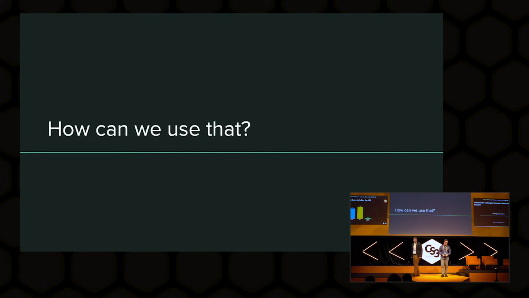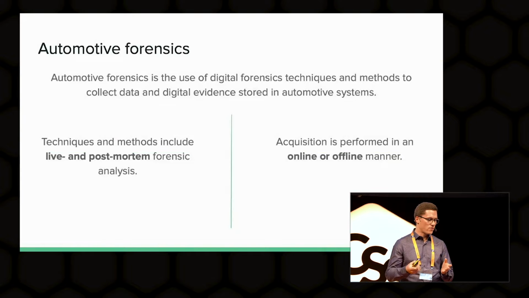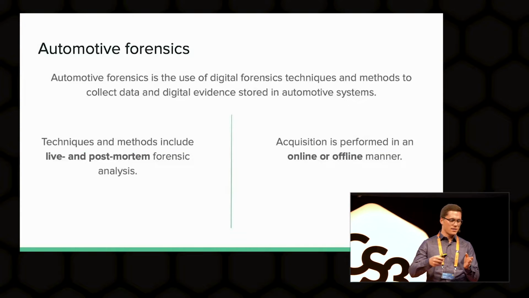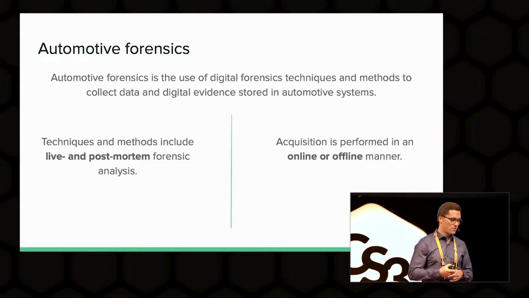Thank you. So how can we use the data we are able to gather? We can perform automotive forensics. We define automotive forensics as the use of digital forensic techniques and methods to gather data or evidence which we can later use, and all this must be stored in the in-vehicle systems themselves.